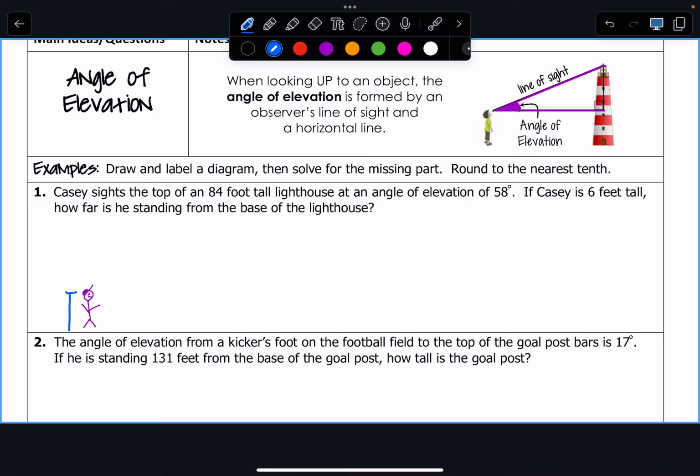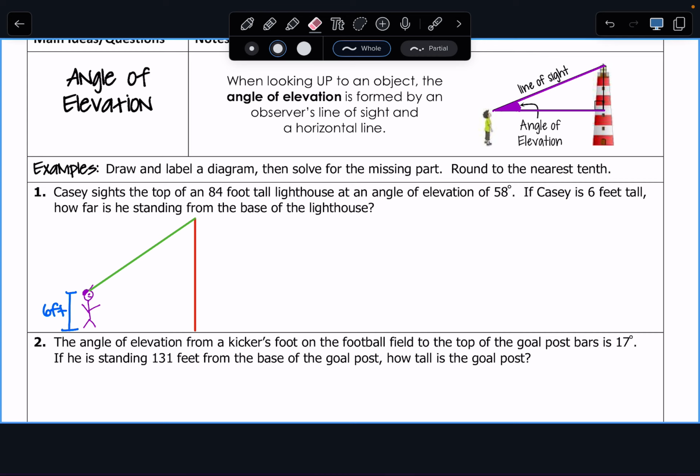Casey is 6 feet tall. Casey is looking up at a light tower.